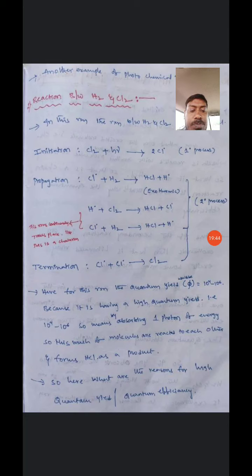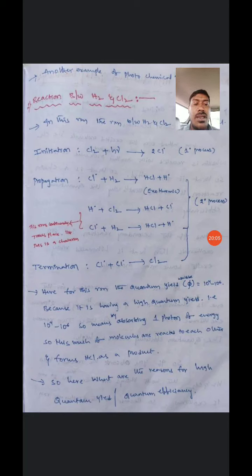So it means that by absorbing one photon of energy, this many molecules react with each other and form HCl as a product.